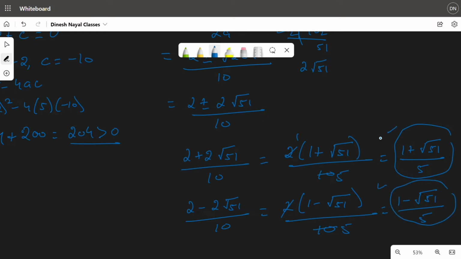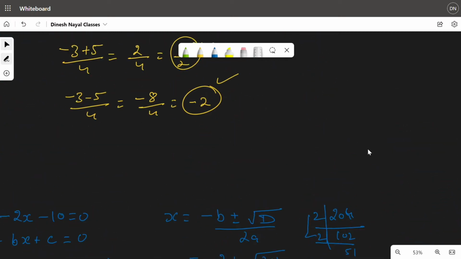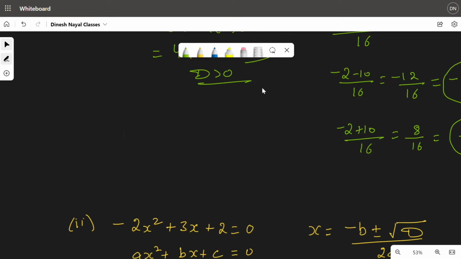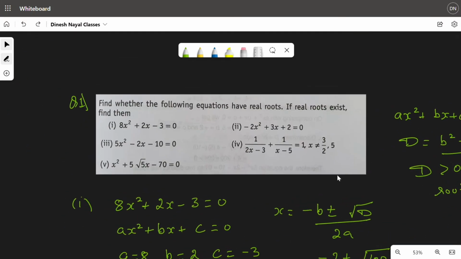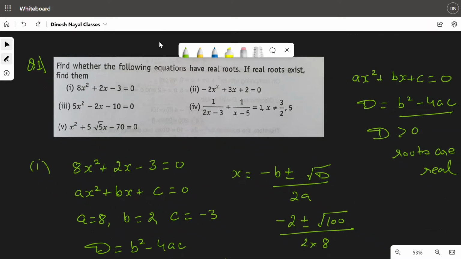Now coming on to the fourth part. The fourth part is 1 upon 2x minus 3 plus 1 upon x minus 5 equals 1, where x is not equal to 3 by 2, 5.